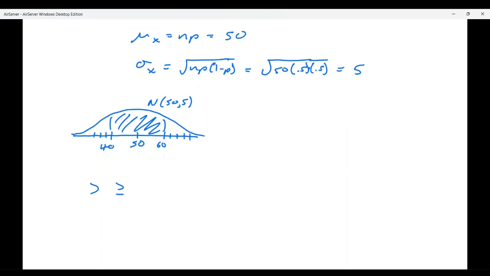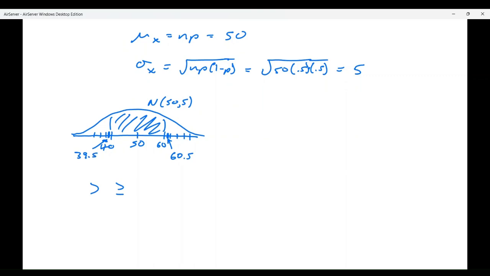So what I'm going to do is come to a half step greater than 60 and a half step less than 40. So instead of going from 40 to 60, I'm going to set my endpoints at 60.5 and at 39.5.